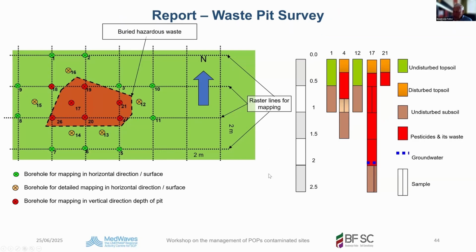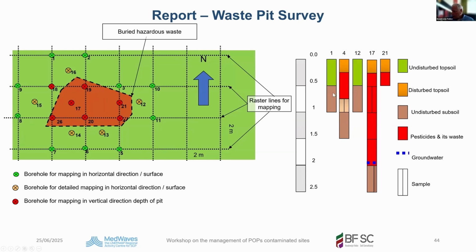As we discussed the plan, here I give you already information on the carried out waste pit survey, and here you see now that at the end it was different than we expected, and far more boreholes were installed to map. So your survey plan should also have the flexibility to install more boreholes because the situation is never, let's say, as you expect.